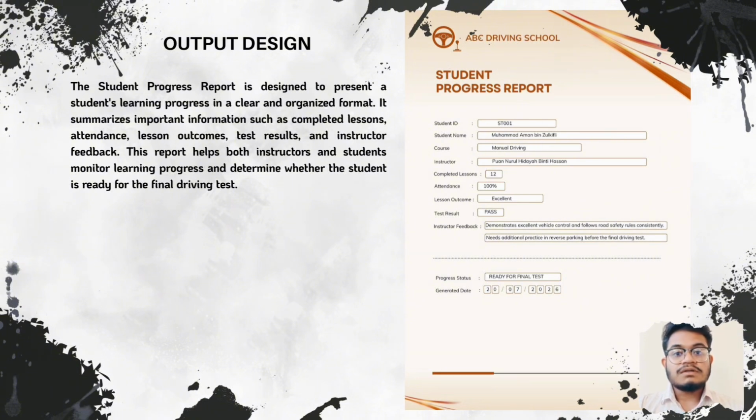The student progress report provides a summary of the student's learning progress, including attendance, lesson outcomes, test results, and instructor feedback. The report is organized to help instructors and students monitor their performance.